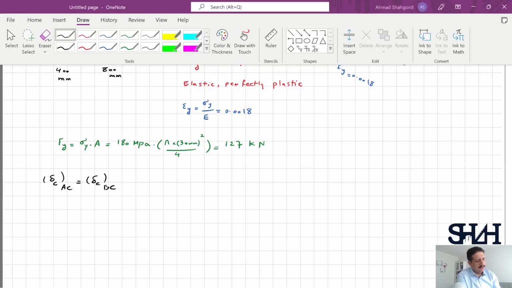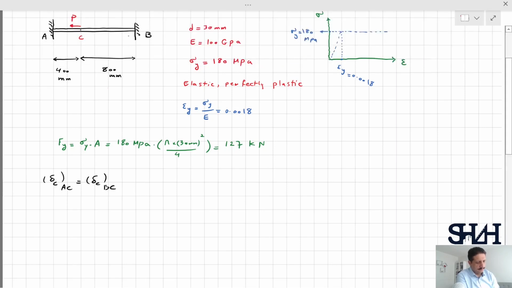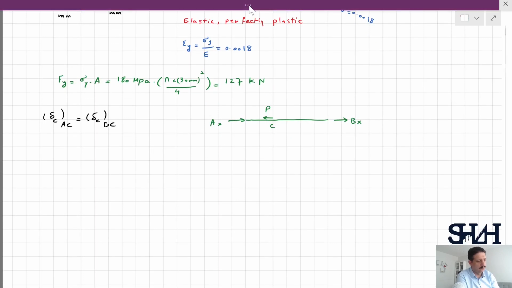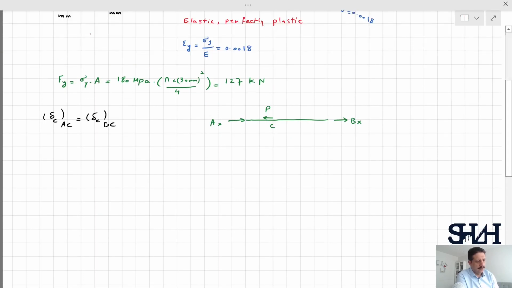And if we sketch the support reaction for this system, we have AX at point A, we have BX at point B, and we have the load P at point C. The AC element will be under the force of minus AX, and BC will be under the load of BX.